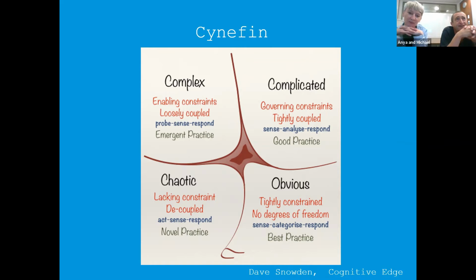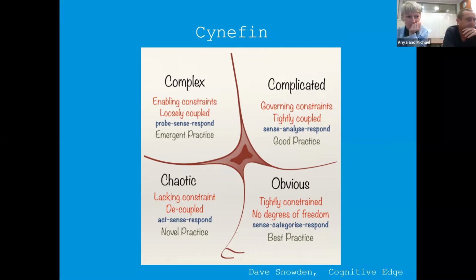So you do enough sensing and analysing up front, and then you respond. And a complex situation is non-linear. So you can't make a plan. You don't know what you don't know. So you probe, sense and respond. You do a thing, and see how it changes the disposition of the system.